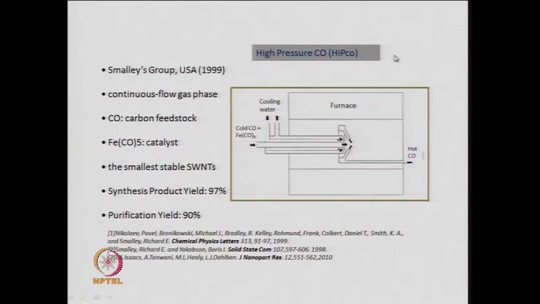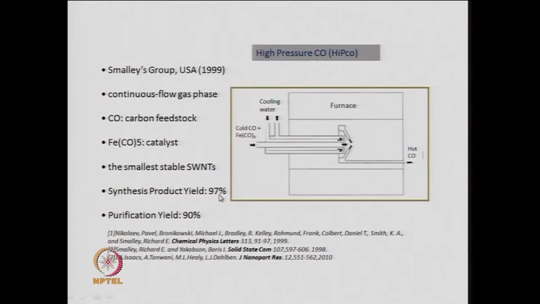So, at high temperature the carbon monoxide pressure is higher, and this will lead to the most stable single walled nanotubes. Like in other methods, the length of single walled carbon nanotubes is very large, but to make small and stable single walled nanotubes, this technique is very popular, and the yield is also very high.